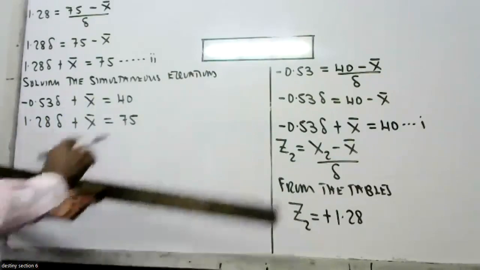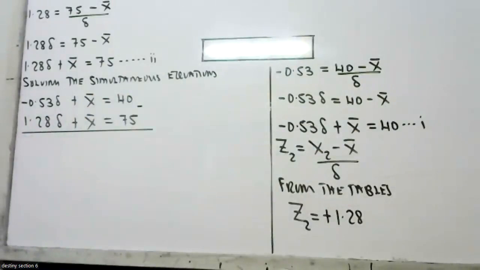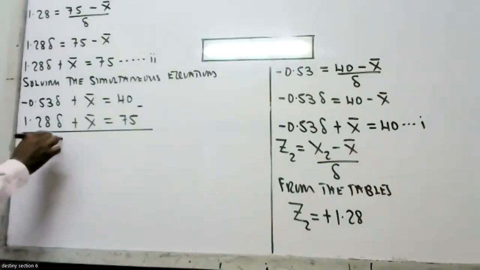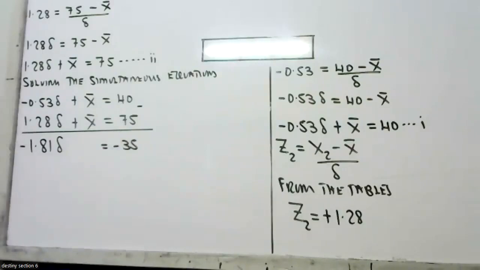So as you know, this one we subtract. And when you subtract, you will get negative 1.81 standard deviation. This one will go. And here you are left with minus 35. And this means the standard deviation now should be 19.337.